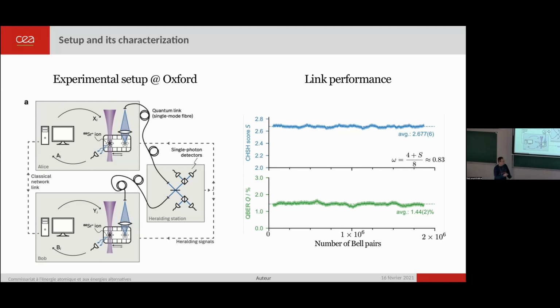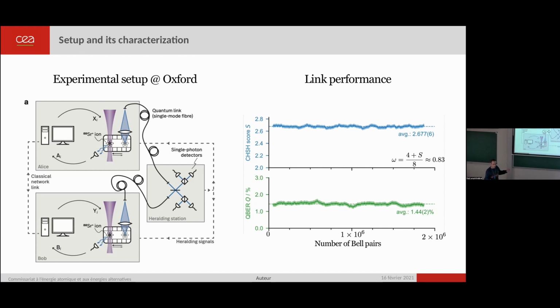This allows them to prepare a state and then move it in front of a lens coupled to a fiber, in such a way that the atom can emit a photon on both sides, and they can perform a Bell state measurement, which does entanglement swapping and entangles the two ions that remain in the traps.